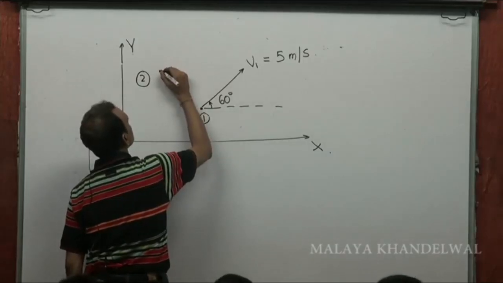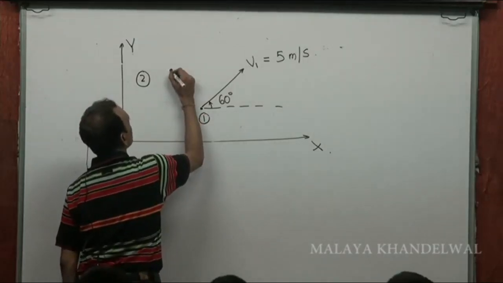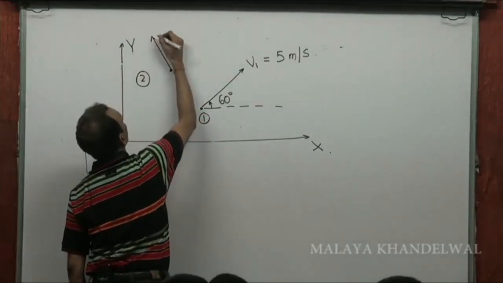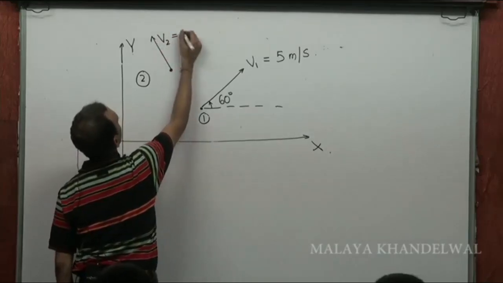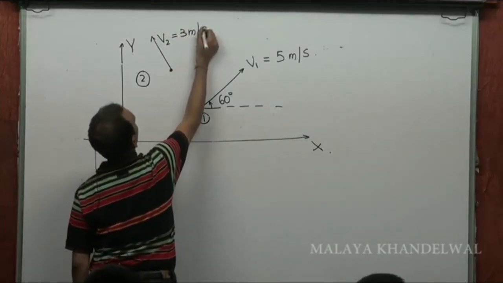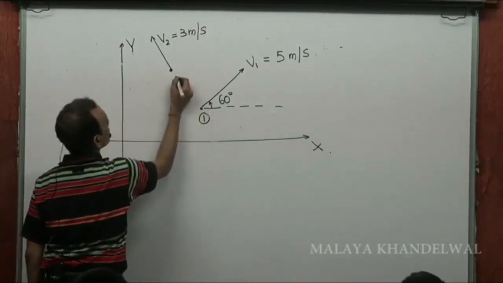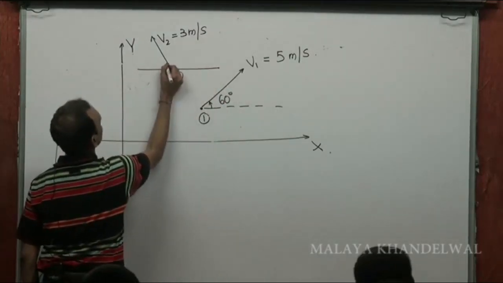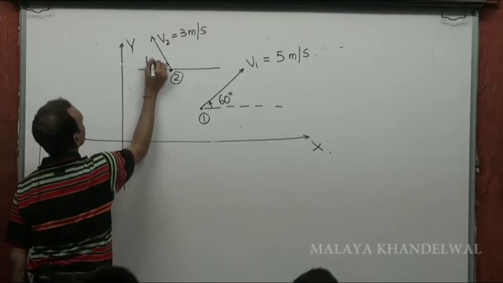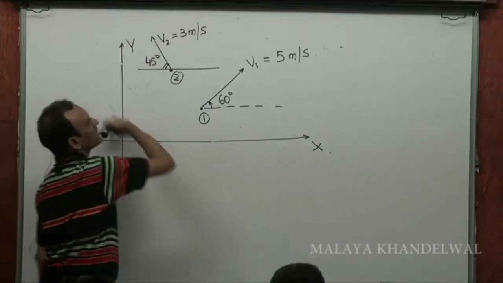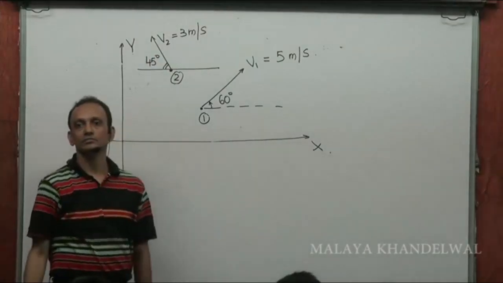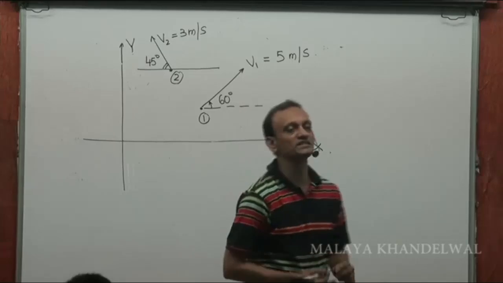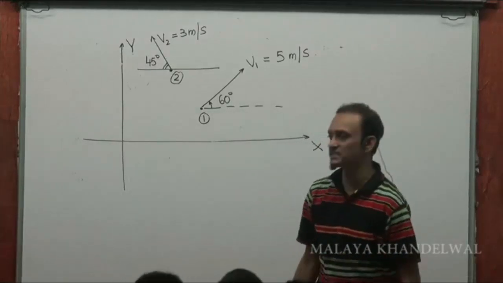And it has a velocity, say v2 equal to 3 meters per second, like this. And say it makes an angle 45 degrees with the negative direction of the x-axis. Right? These are two particles and these are their velocity states at some instant of time.